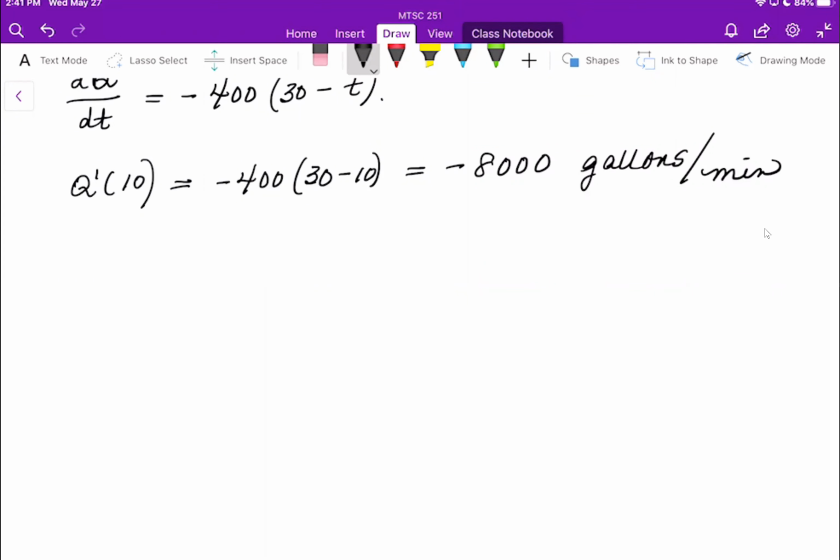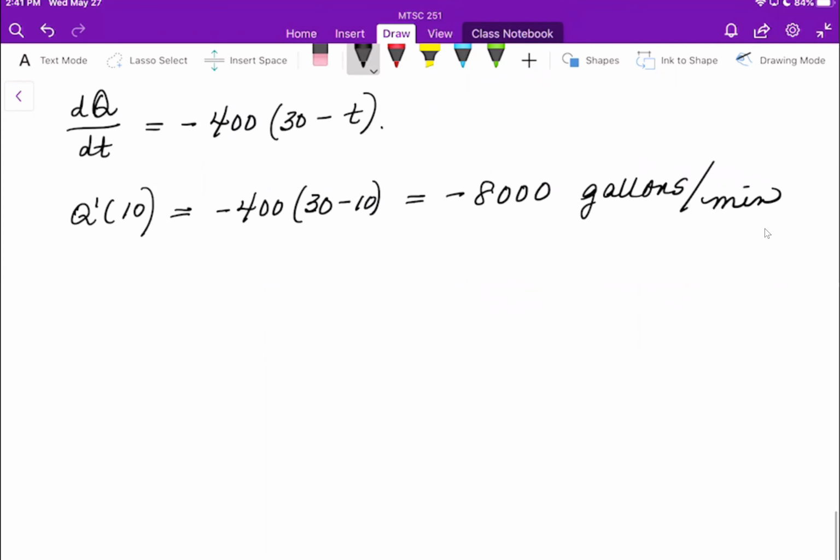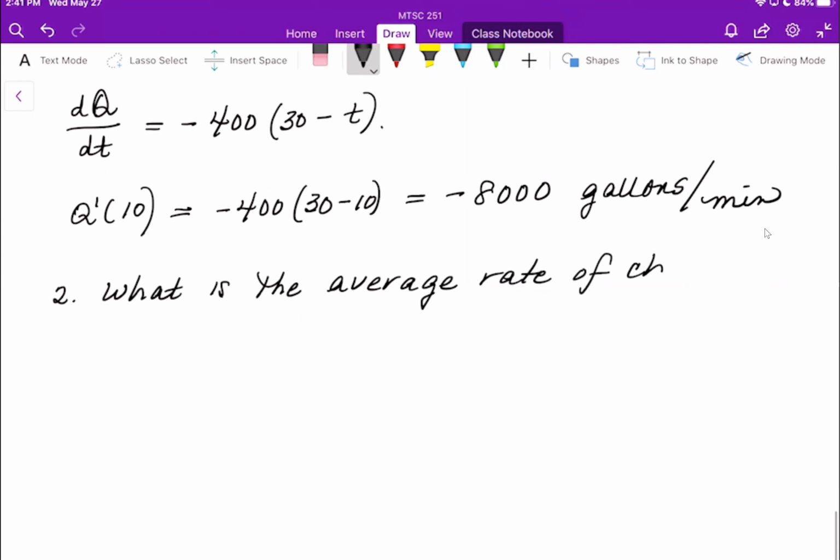So here's a question from before. What is the average rate of change of Q over the first 10 minutes?